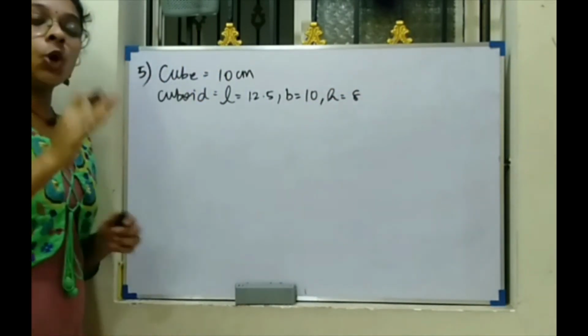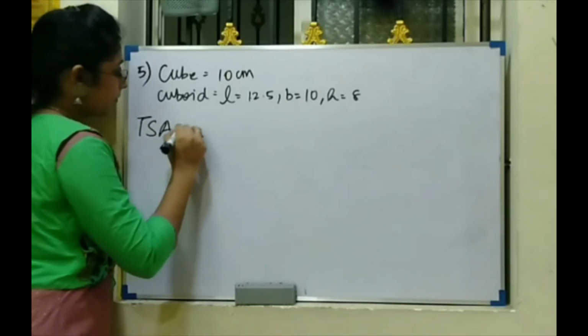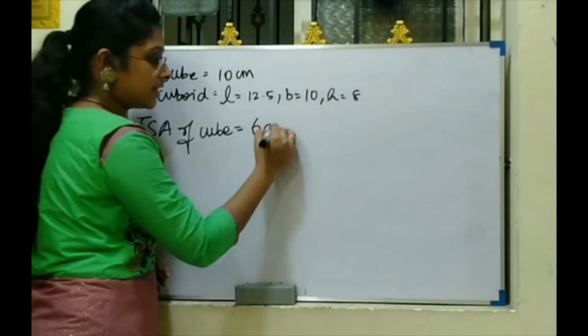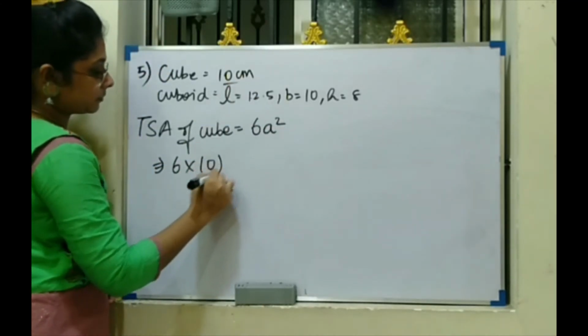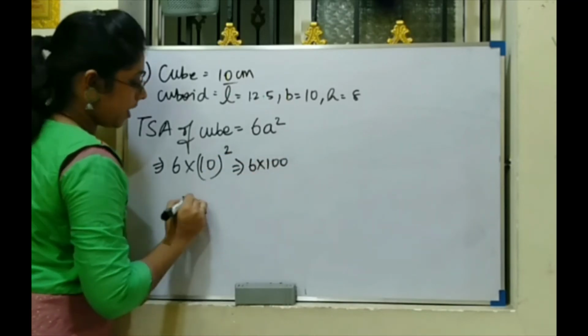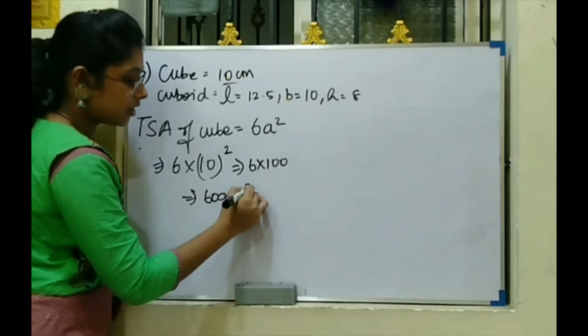Now what is the total surface area of cube? TSA of cube is equal to 6a square, right? Now 6 into my a is 10, which is equal to 6 into 100, so the total surface area of cube is equal to 600 centimeters square.